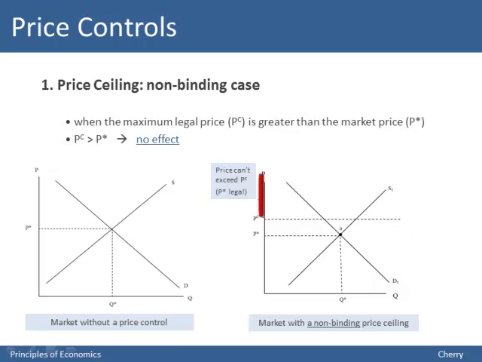So a market with a price ceiling limits prices to be below P superscript C. But P star is already below the ceiling, so it's not going to change the price. The market price is already within the legal range, so it has no effect.